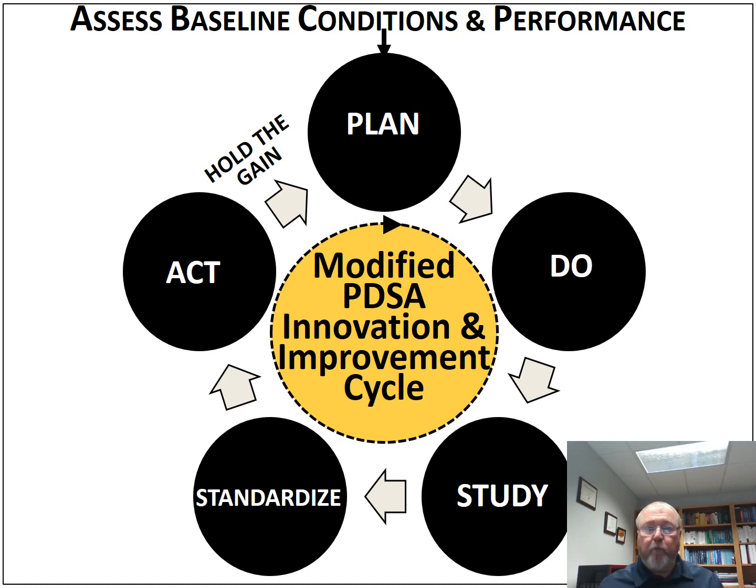It isn't just a one-time change and then you never try to work on the process for improvement again. It is a cycle of continuous improvement. But as we cycle through and make improvement after improvement after improvement, the idea is not to let it slip back, to hold whatever gains that you've been able to establish. So this is really a modified plan, do, study, act cycle.